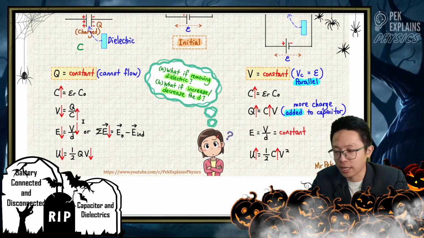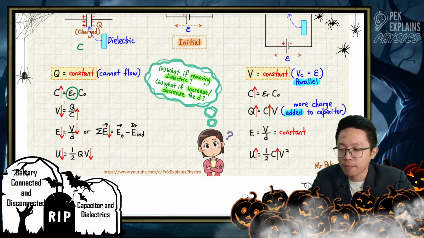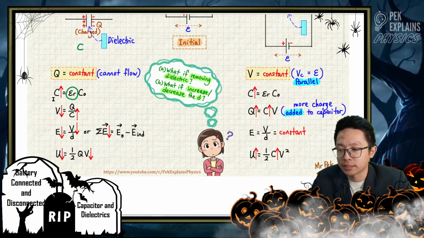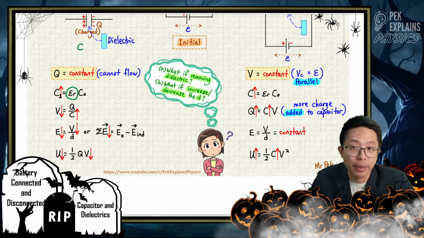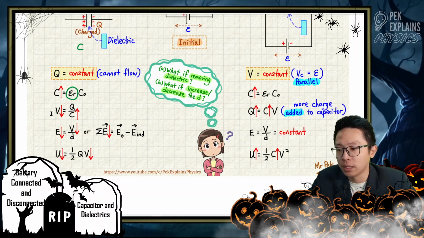For C, it has an extra ER. So from C0 changing to C, the capacitance increases. Yeah, the capacitance is bigger than C0. Okay, capacitance increases. Now look at the formula.